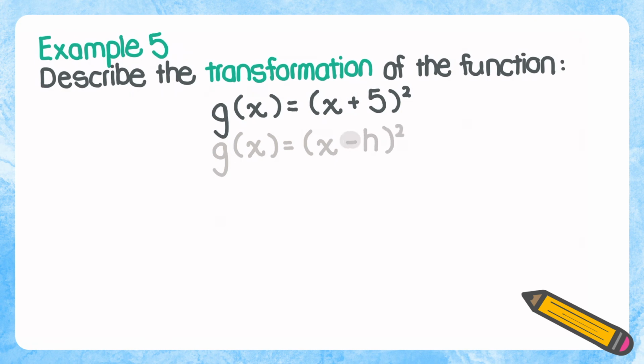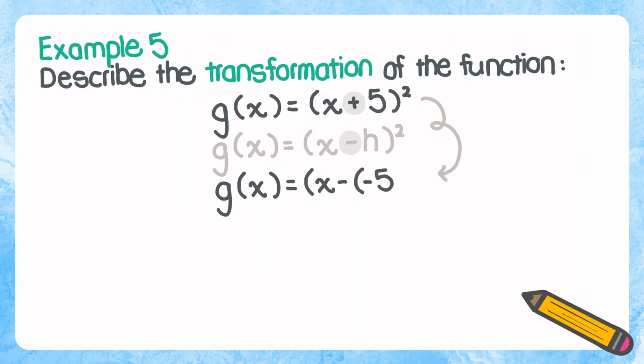I do not have an exact match, so I need to rewrite this function. I have g of x equals x minus negative 5 quantity squared. h is replaced by negative 5, so I know h equals negative 5. Since h is negative, we will move to the left.